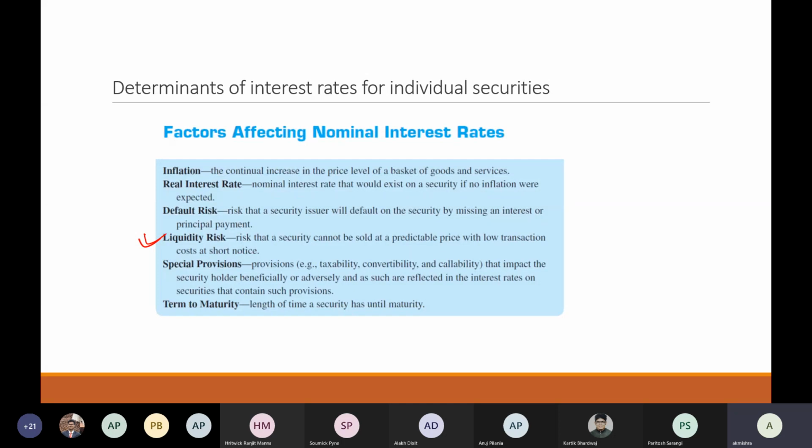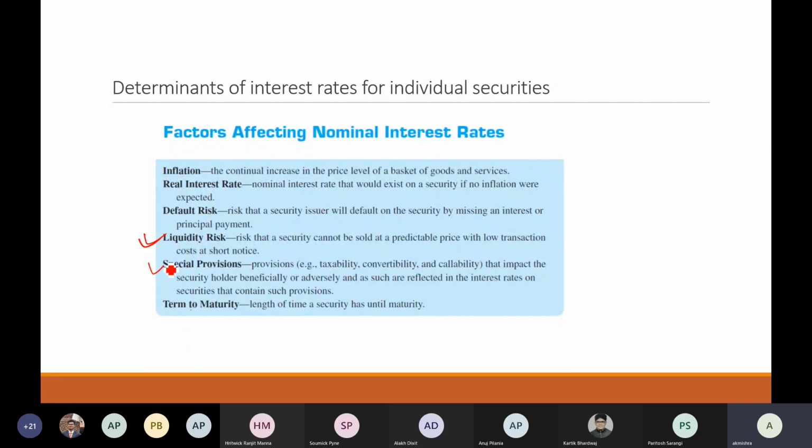So even if you have purchased a particular bond and you are not able to sell it quickly in the market, it means there is less liquidity available in the market. The risk you have because of less liquidity for your asset class, we call liquidity risk, because you are not able to sell it and get your cash back or your equivalent price. It means there is a risk associated with that asset.